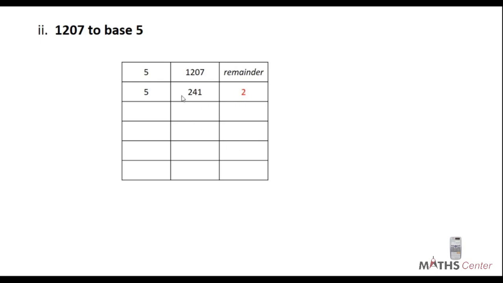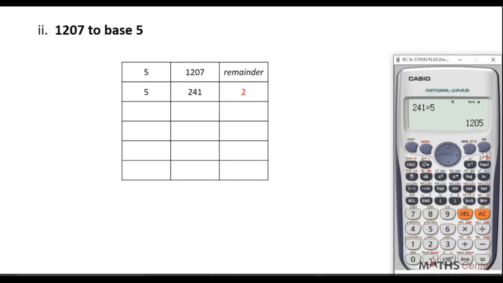Then you move on to the next row. You divide 241 by 5. If you divide 241 by 5, we are getting 48.2, which means that there's also a remainder. Since we have a decimal point here, there's a remainder.